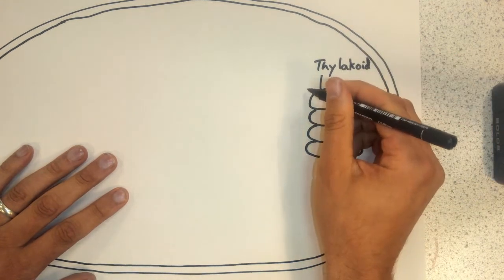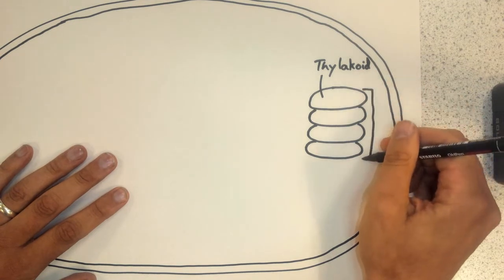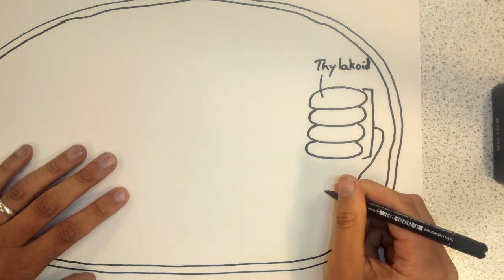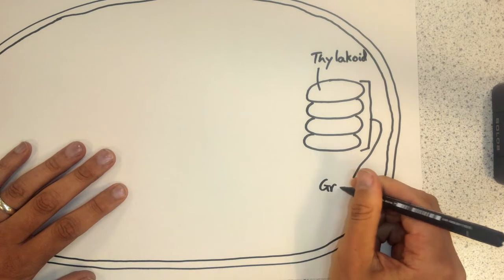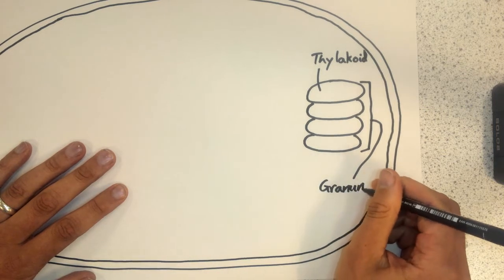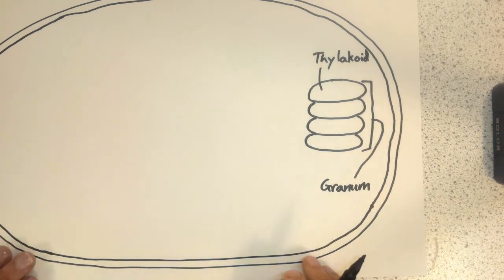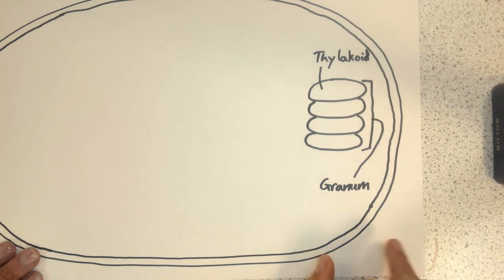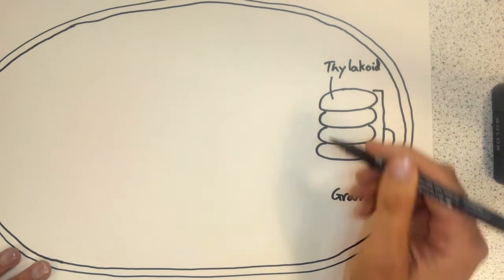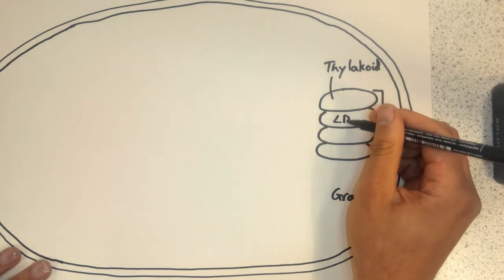And this whole thing, this is a granum. Many granum, the plural is grana. So this is where the light-dependent reactions took place.